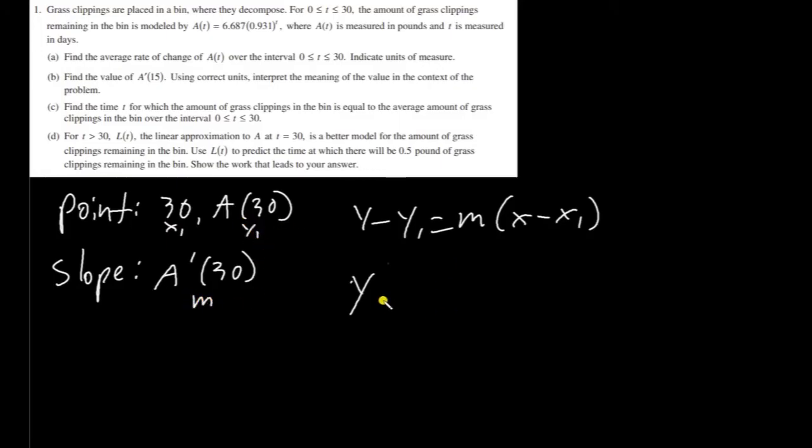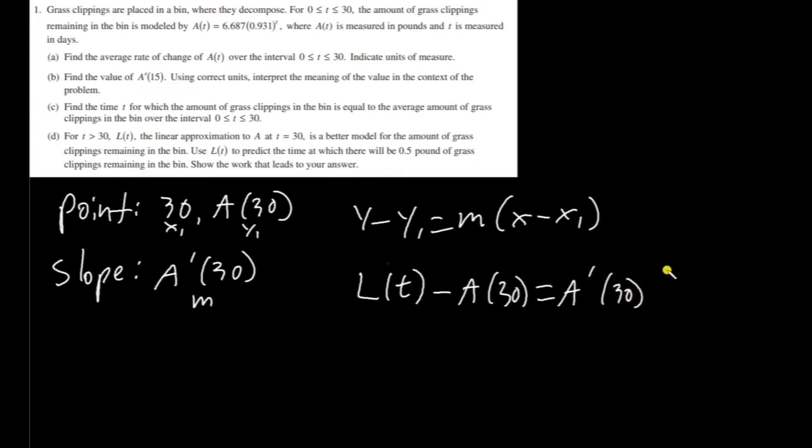So y, and actually instead of y, I'll say L of t. L of t minus a of 30 equals a prime of 30 times, instead of x, I'll say t, minus x1 is 30. Because instead of x and y, we have t and L of t, right?